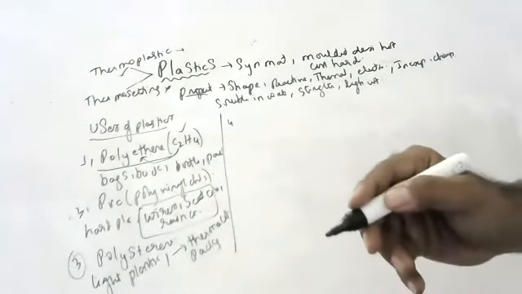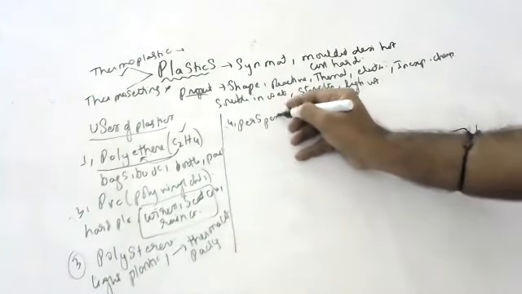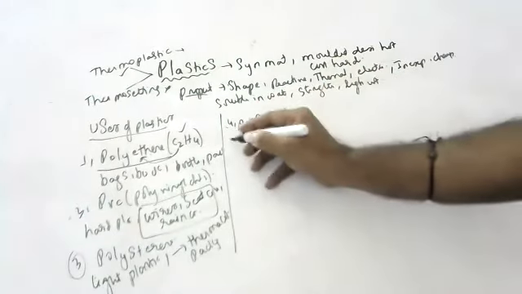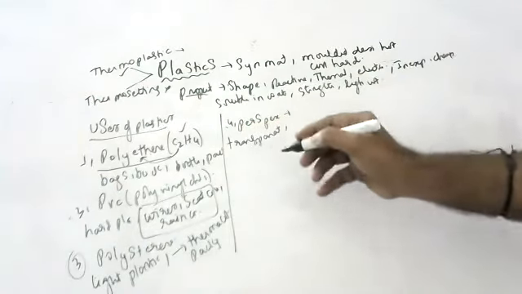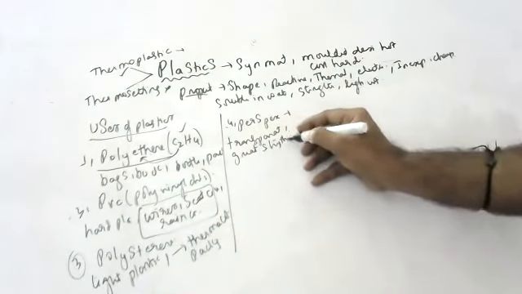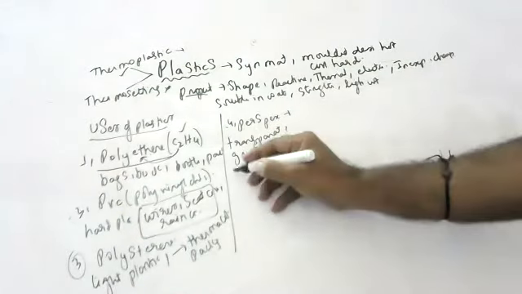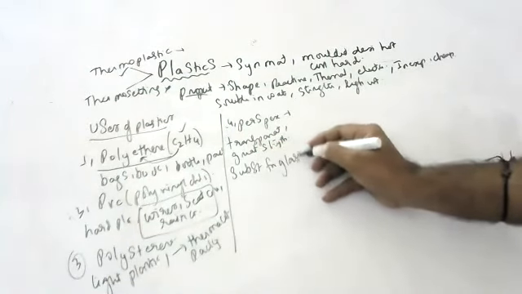Next one, children, is perspex. You have to remember all these examples. It is a transparent thermoplastic, but it has very great strength. Remember always, it has a very great strength. It is a substitute for glass. Instead of glass, we can use perspex.